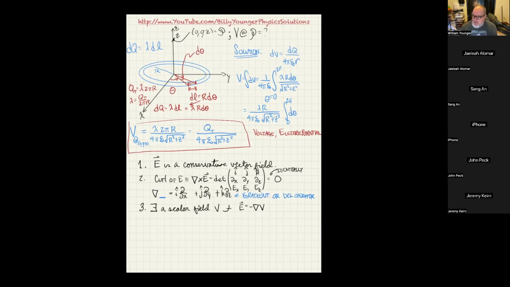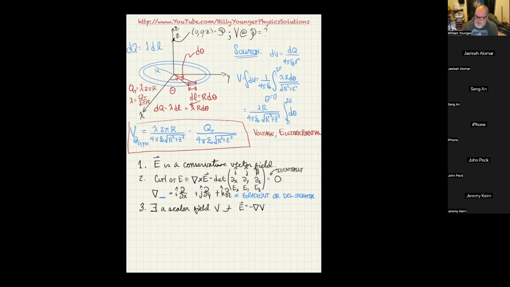Both of those are conservative force fields. And because of that, you get a scalar potential. The scalar potential for the mg version is U equals mgh. And the scalar potential for the GMm over r squared is supposed to be GMm over r.